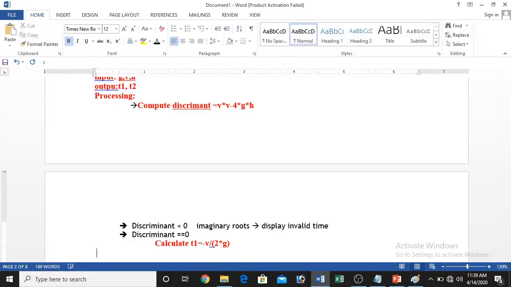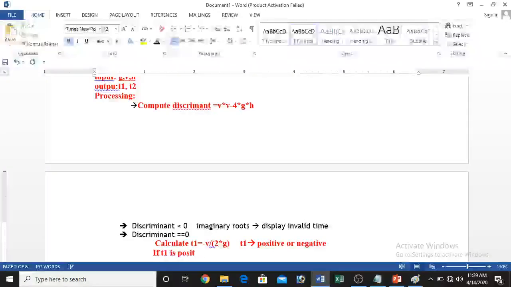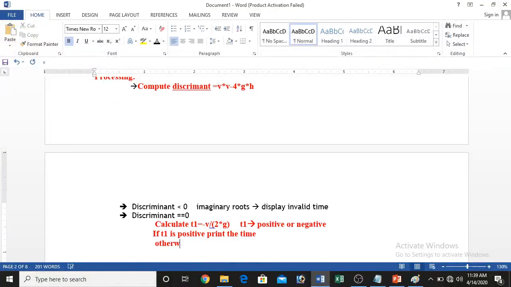Now what exactly we need to do is, I told you this t1 value may be positive or negative. If the value is negative, then it is not possible for us to consider that particular value. So if t1 is positive, print the time. Otherwise, you can display invalid time.